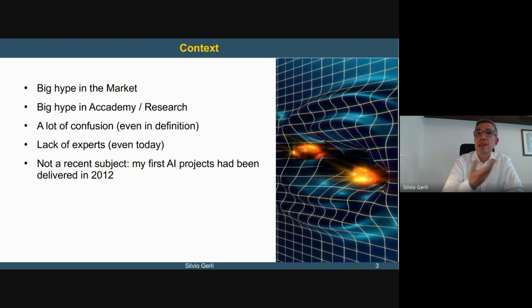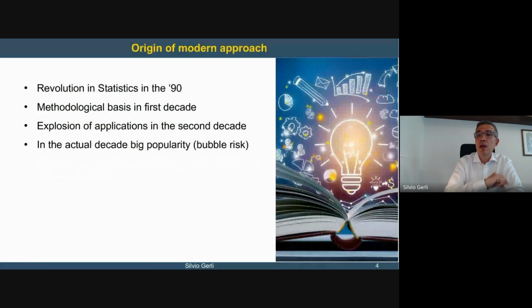But now there is something different from the past, which is how we arrived here. Just a brief recap. There has been a revolution in statistics from the classical statistics, the surveys, the models, the correct sample, and so on. Some of the models that we use today were introduced in the 19th century.